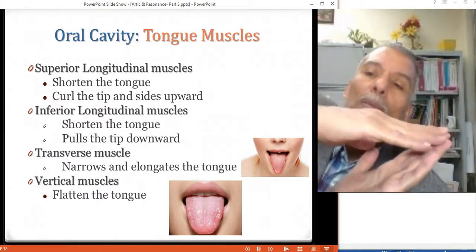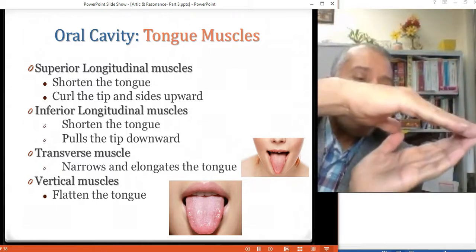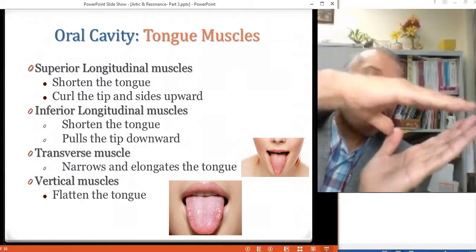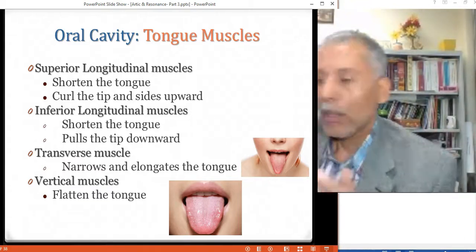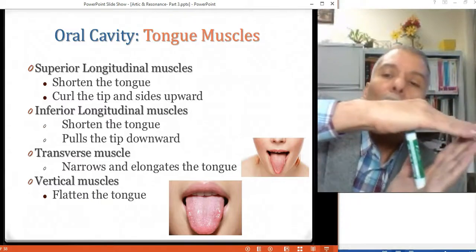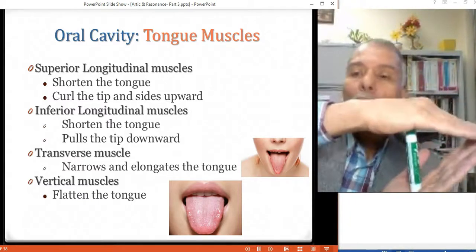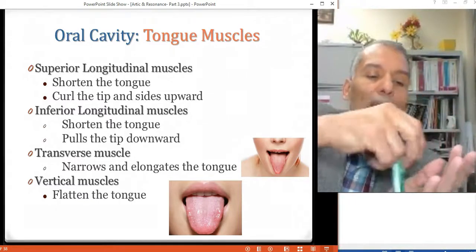So they are like this. In between them, you are going to have the vertical tongue muscle.